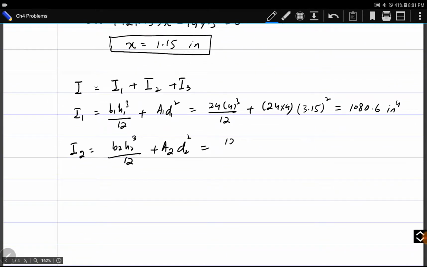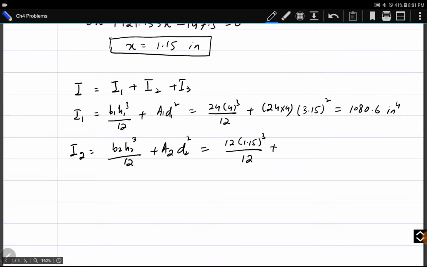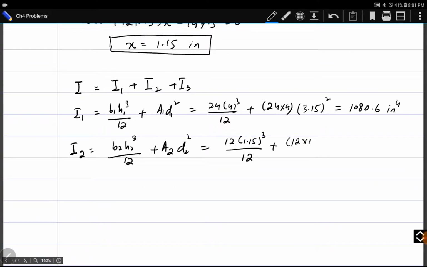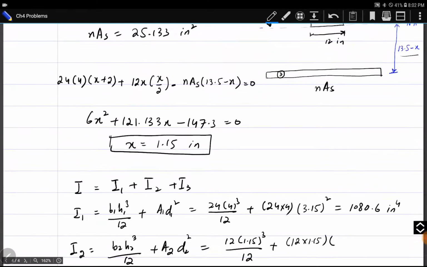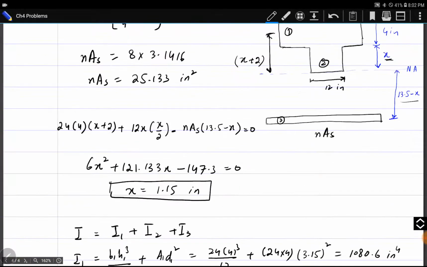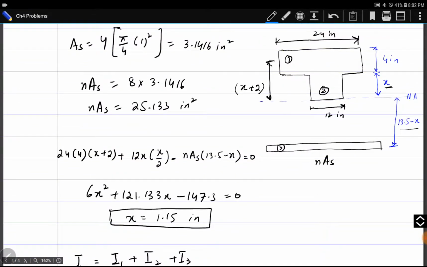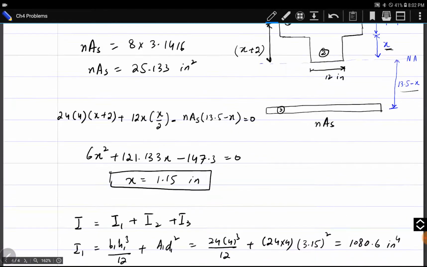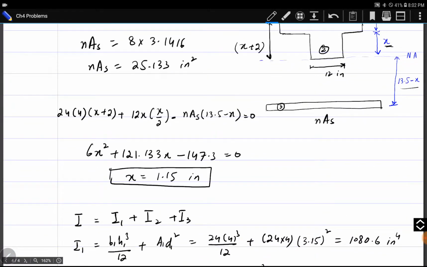So 12 into 1.15 cube divided by 12 plus area is 12 into 1.15, 12x, and d2 is actually distance of the centroid of section 2 from the neutral axis, which is x by 2. X by 2 means 1.15 divided by 2.